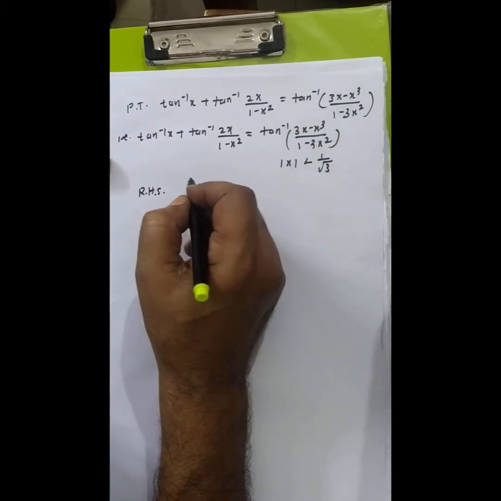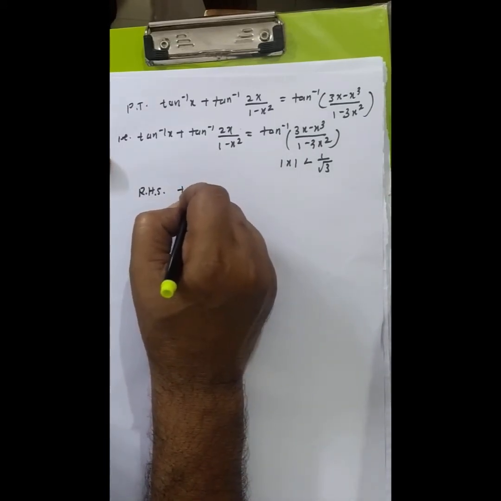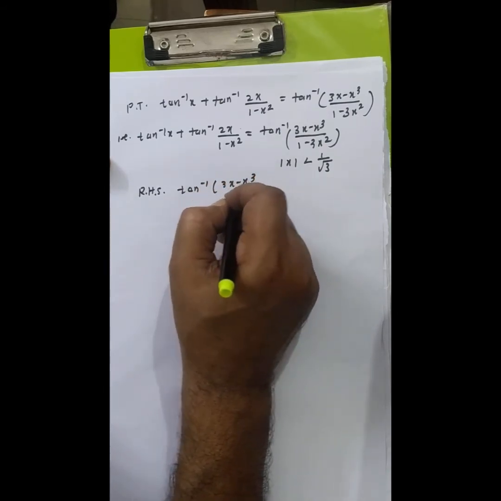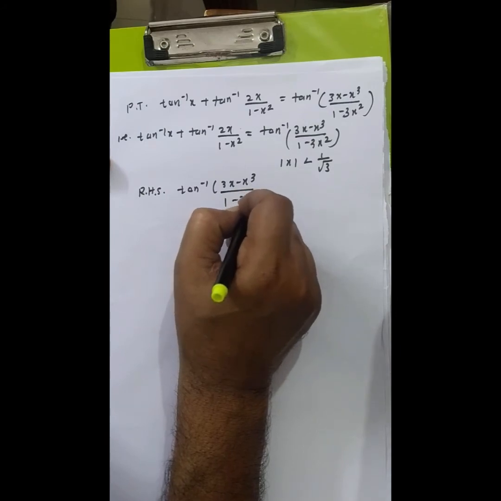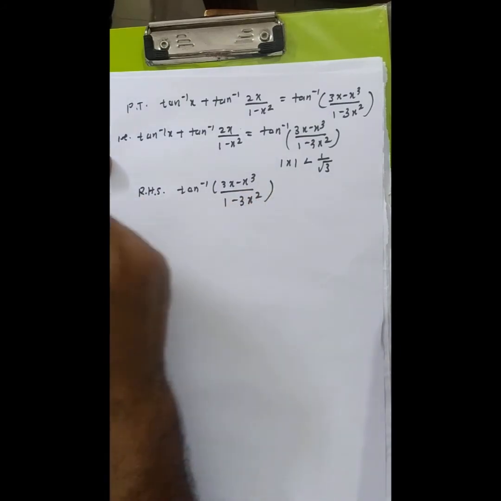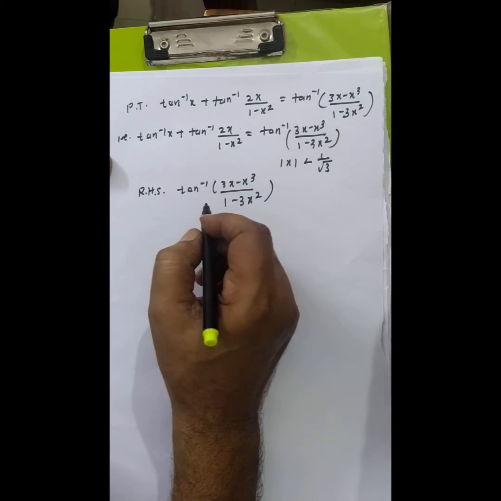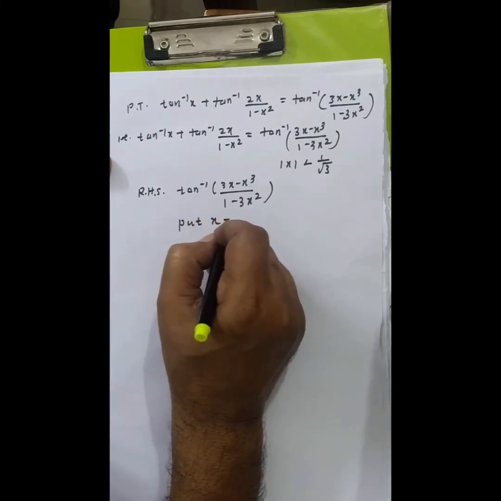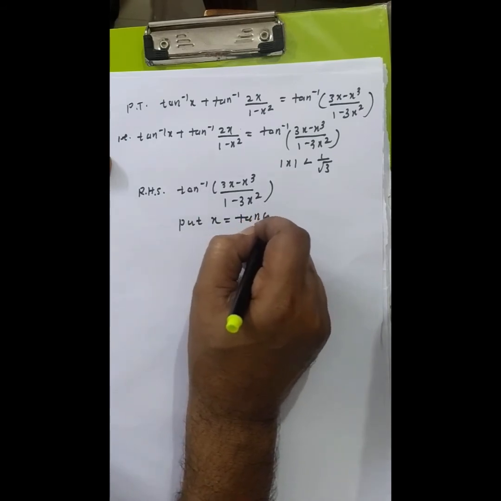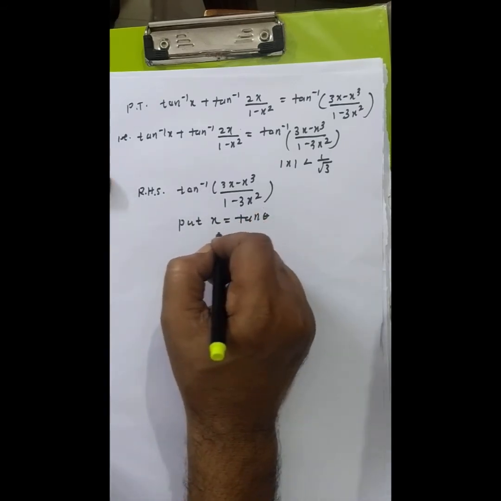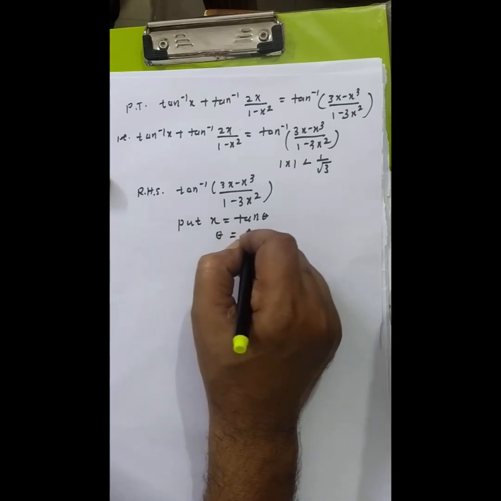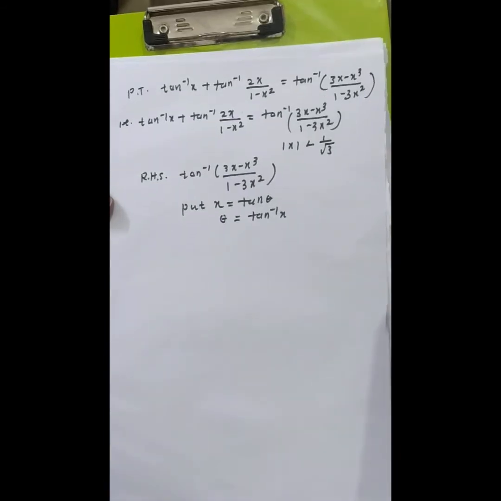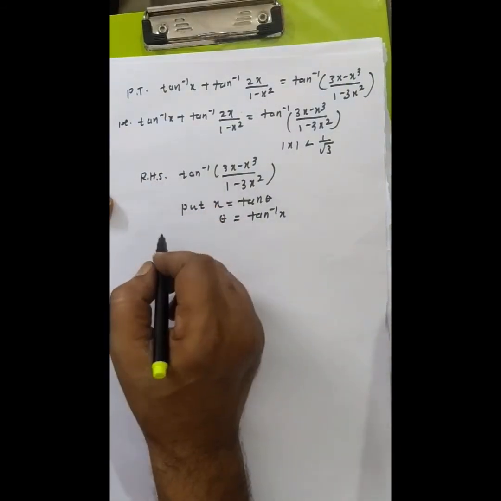So in the RHS, we have tan inverse of 3x minus x cube upon 1 minus 3x square. I will put x is equal to tan theta. So if I take x is equal to tan theta, theta will be tan inverse of x. What happens to this sum?